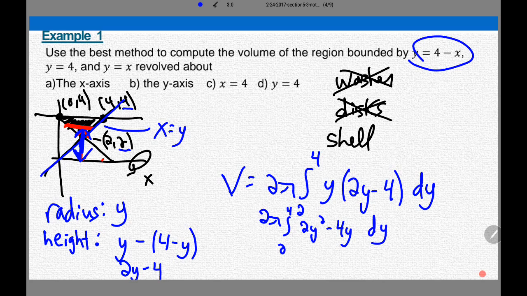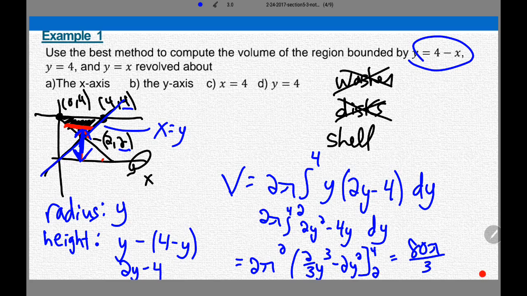And you do your antiderivative, and we find our volume can be given by 2/3 y cubed minus 2y squared. And we're evaluating from 2 to 4. And through some handy dandy math magic that I've already worked out, that should end up giving you 80 pi over 3.